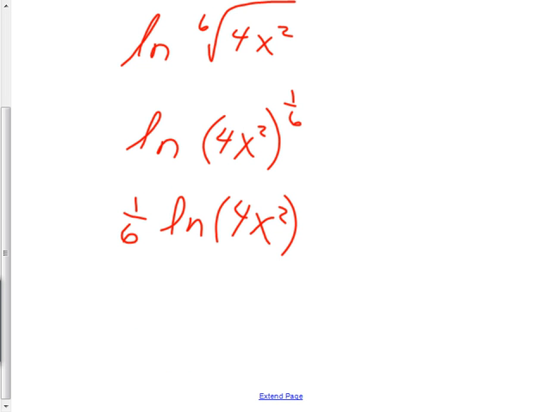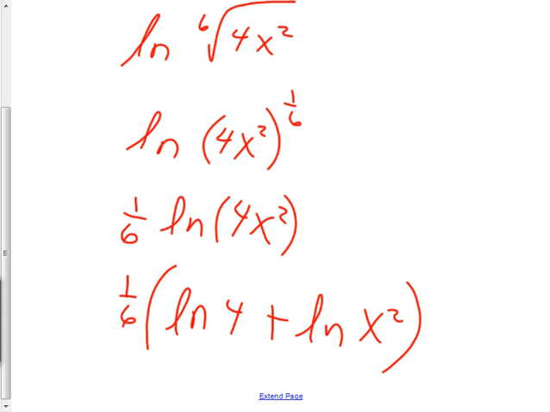And now I can break up this 4x squared into 1/6 of ln of 4 plus ln of x squared. I just broke up my 4 and my x squared. And then what's the last thing I got to do to expand it all the way? That 2 has to go where? Right on the front of that.